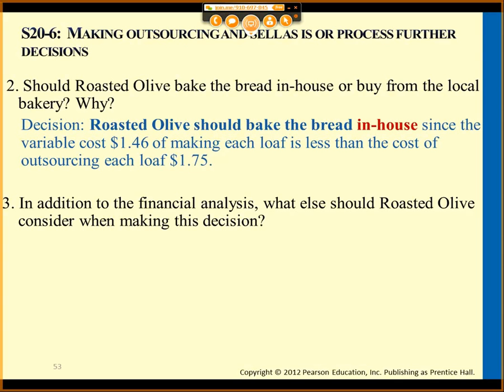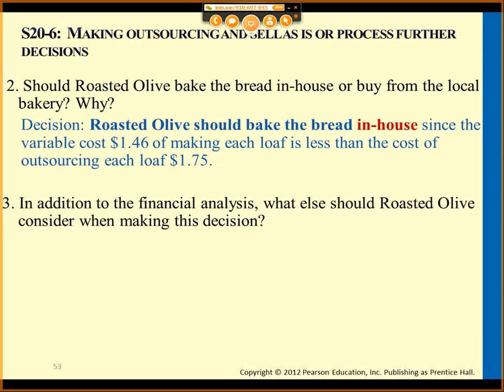Well, we don't know that, right? It's not given to us, but that's a possibility. That's right. Time, okay. All right. Quality control. That's right. The most important is whether the bread that you're baking in-house is of the same quality as what you're buying, right?